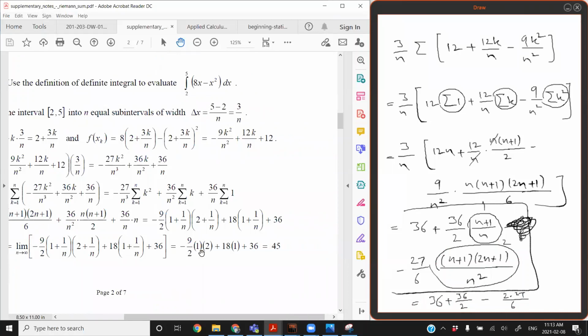So 36, and then 36 over 2 is 18, and then that last part is going to be 2 times 27 over 6. Yes, it's going to be 9. That's correct. And if I do all these calculations, I'm going to get 45.